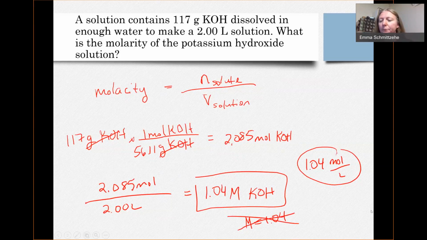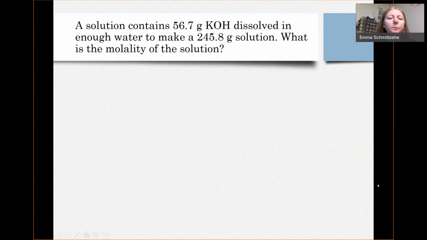No one likes that. Okay, let's do one more. Now we have a solution. It contains 56.7 grams of KOH dissolved in enough water to make a 245.8 gram solution. I want to know the molality of the solution.